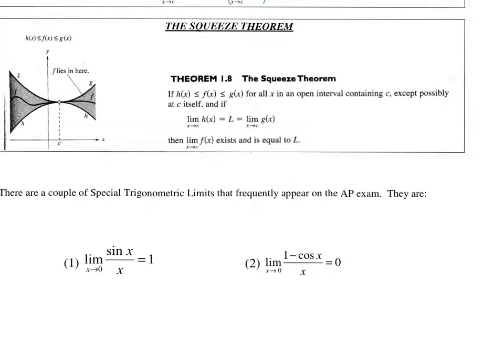And then we'll explain. It says if the function f of x is between h of x and g of x inclusive, that's what the equal signs are there for, for all x's in an open interval containing c, except possibly at c itself, and if the limit of h of x as x approaches c, and the limit of g of x as x approaches c both equal L, then the limit as x approaches c of f of x exists, number 1, and is also equal to L. Okay?